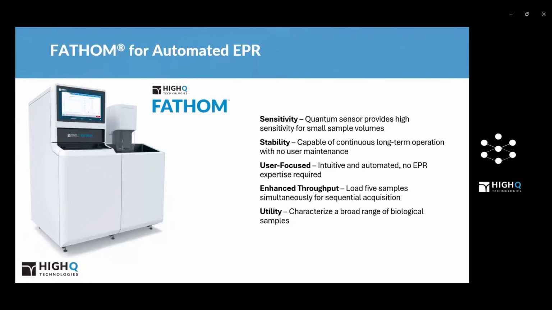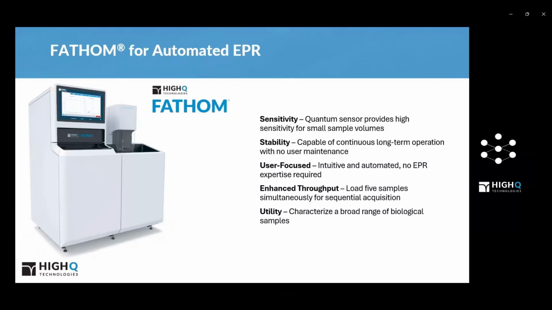We've put a high emphasis on the user experience, so that you don't need a background in EPR, a PhD in EPR, to run this. It's designed so that technician level users can go up to it, enter some information, and get their distance distribution at the end in a nice, well thought out report.